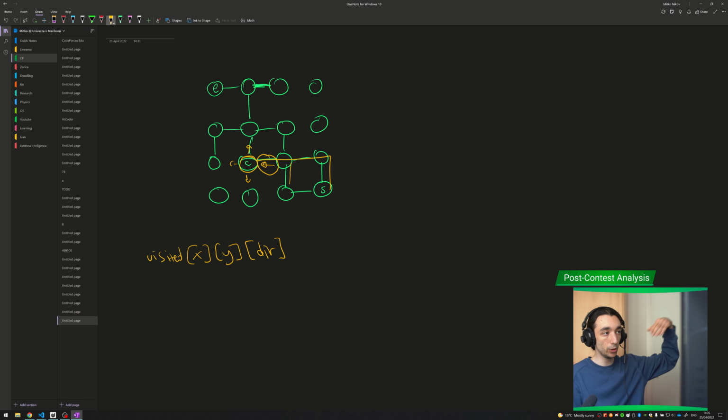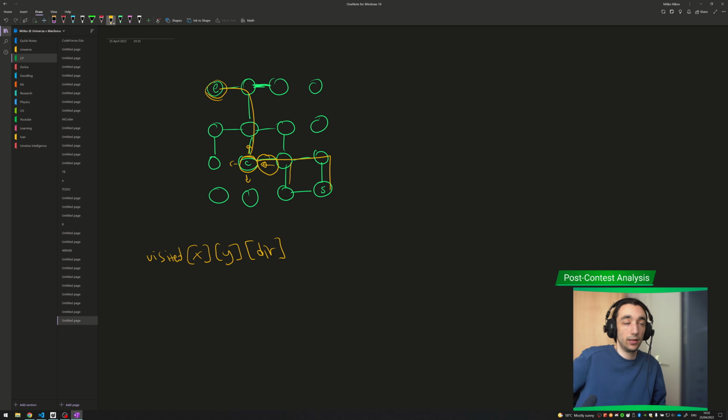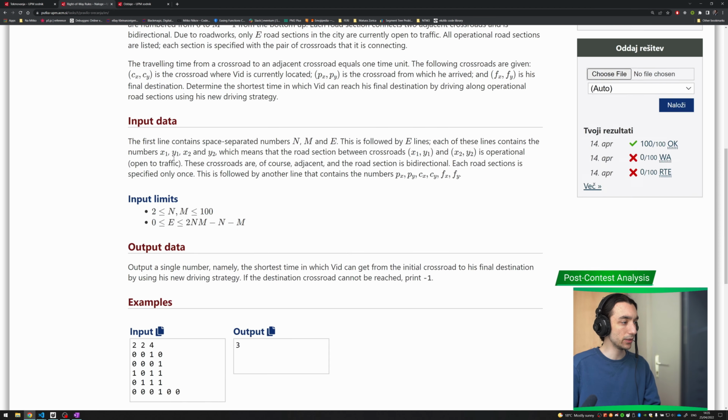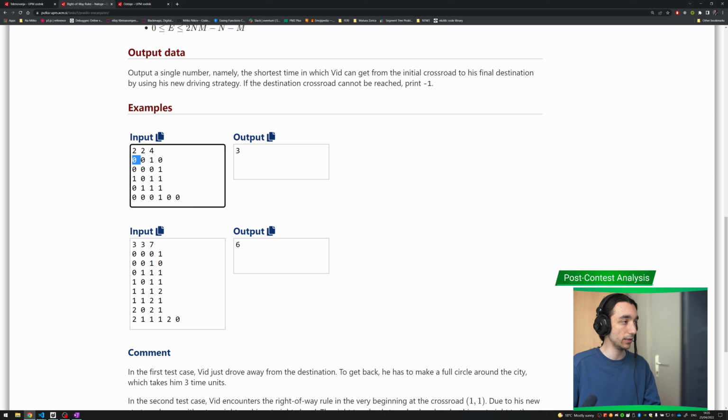And then when we push BFS, we need to find what is the shortest path to come to E. So it's just like double BFS, and you need to store information for all of the 4 directions. The input is a bit more complicated. It's just like connect 0, 0 with 1, 0 and 0, 0 with 0, 1 on the matrix. So you're already given these edges.